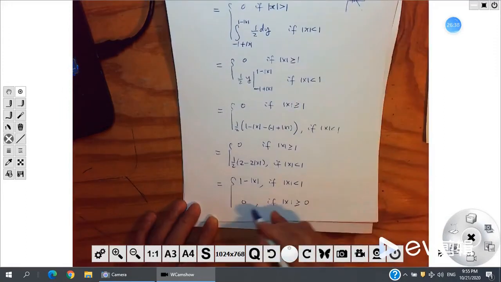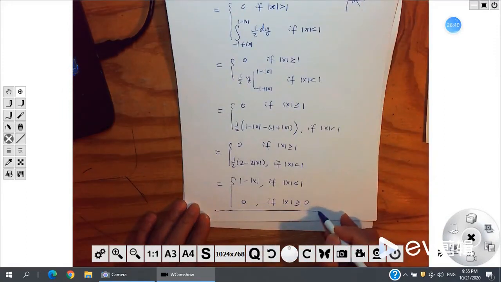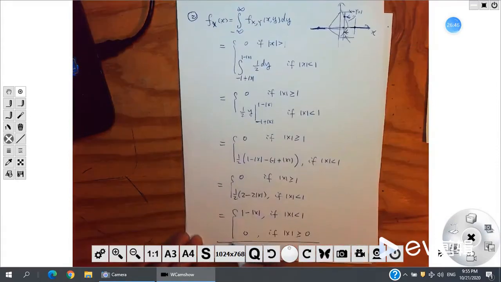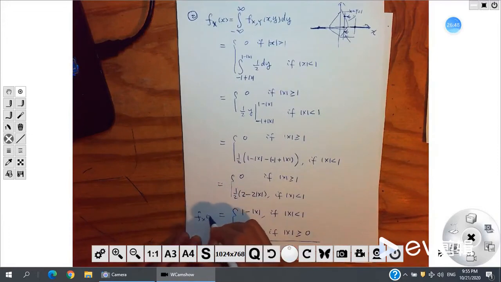Alright, so we have the marginal distribution, this PDF of x is this one, so fx of x equals this one.